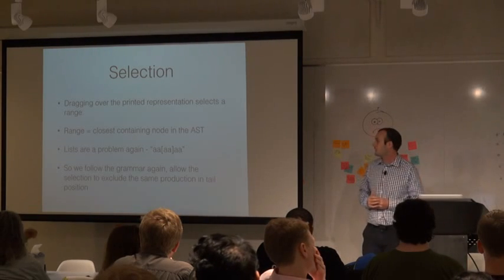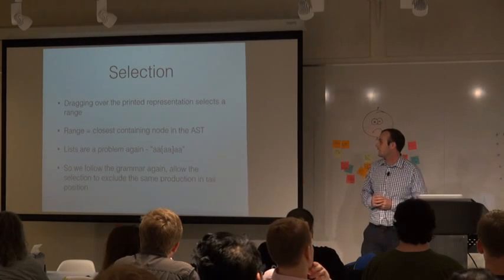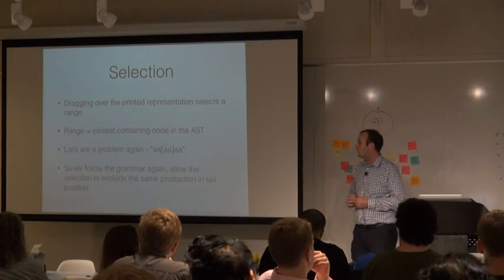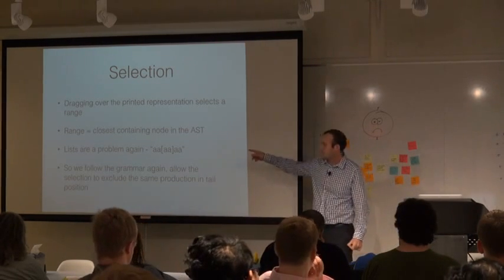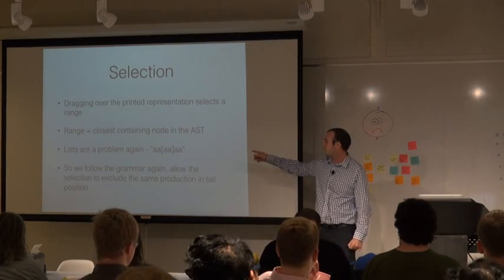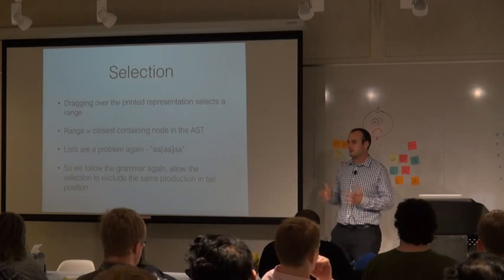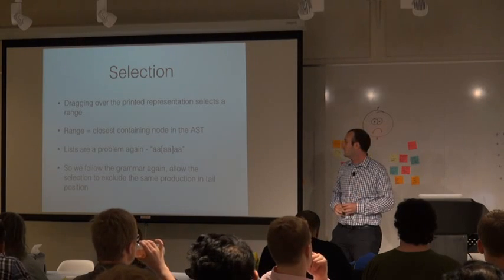And if a selection is a node in the tree, then it gives us this problem with recursive grammars again, where here I have the list of A's again, and you're trying to select the middle two A's. That's a sensible operation, just select the middle two A's and get rid of them, for instance.